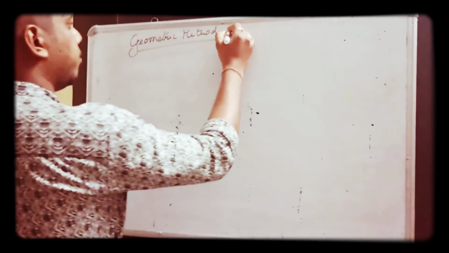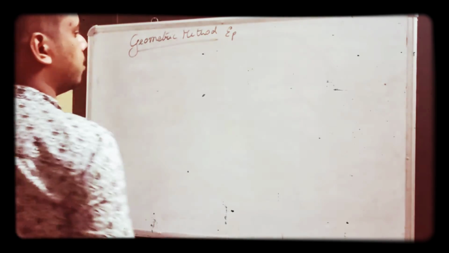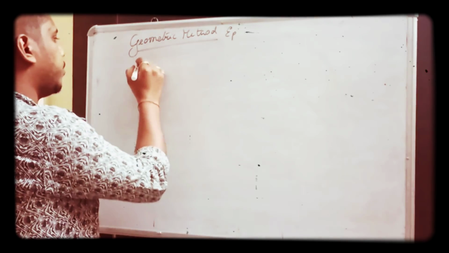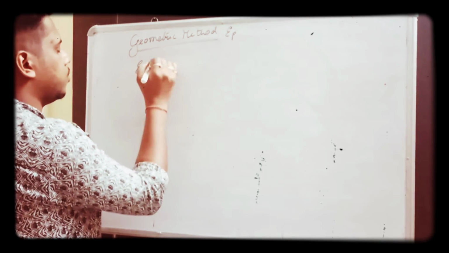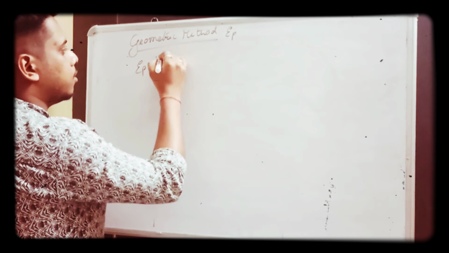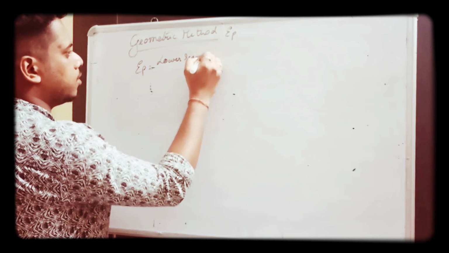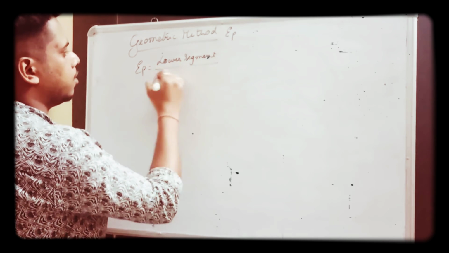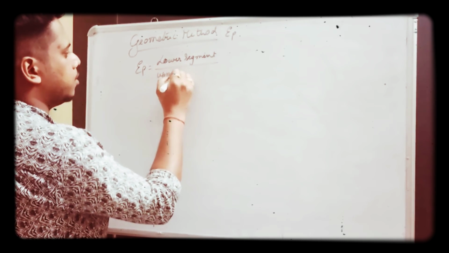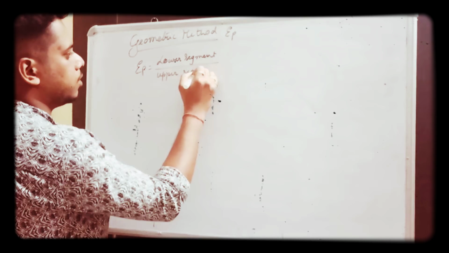Geometric method of price elasticity. According to the geometric method, price elasticity equals lower segment by upper segment.